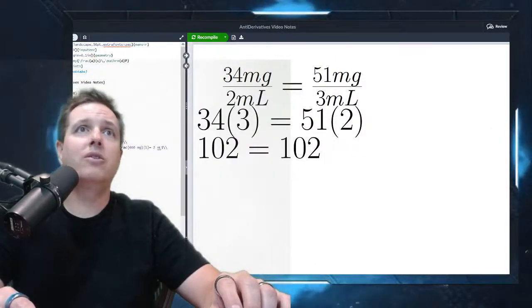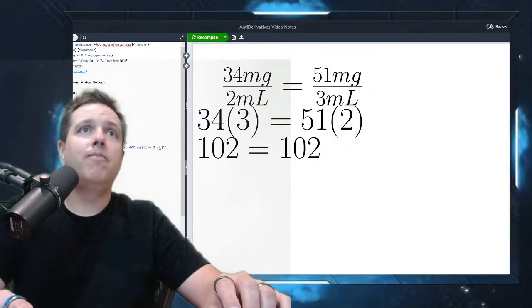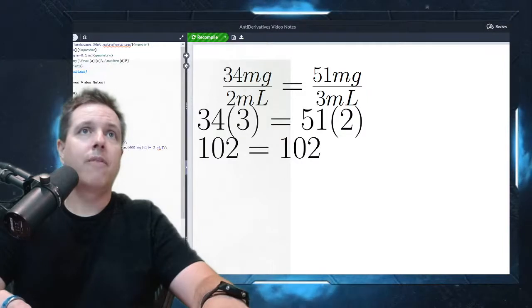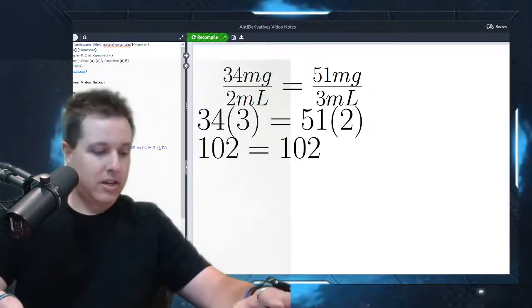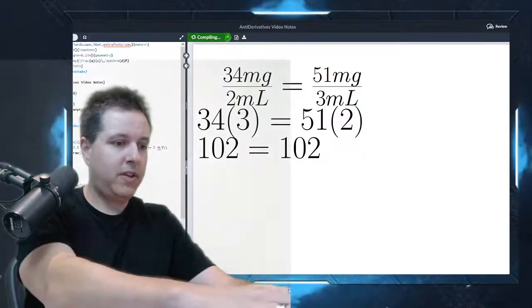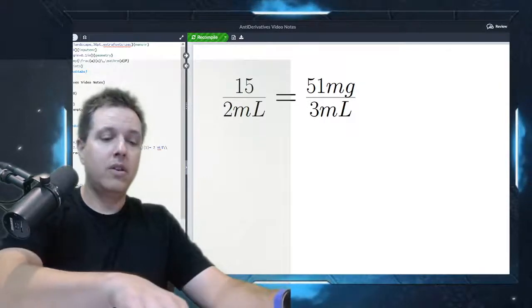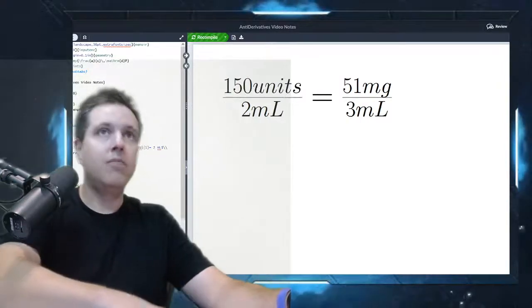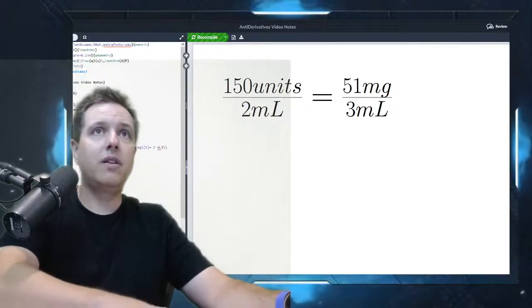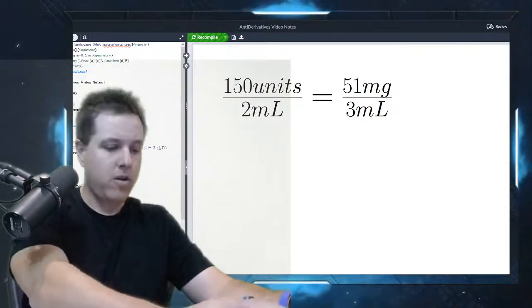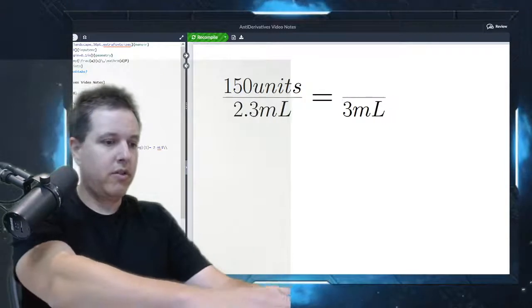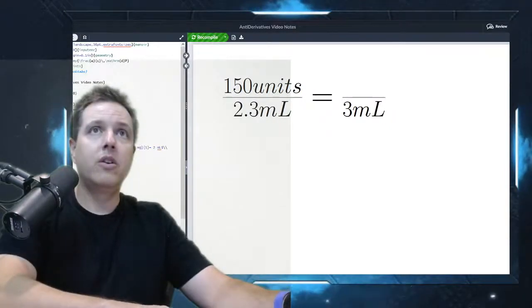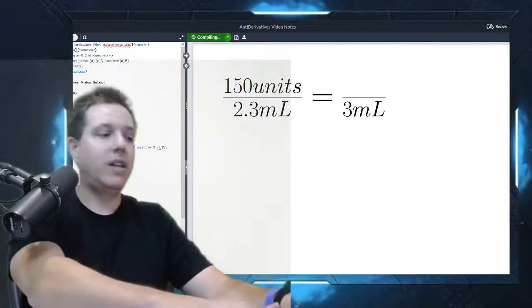So let's try this problem again. But this time we'll make it 150 units to 2.3 milliliters, and then 130 units to 1.9 milliliters.